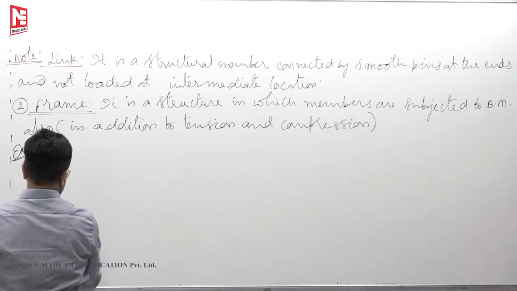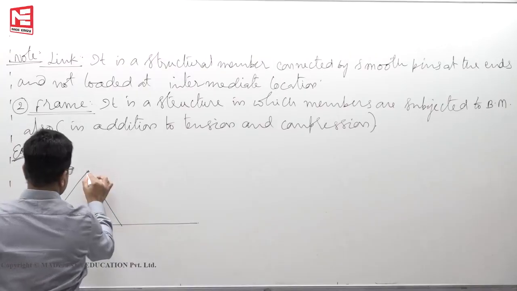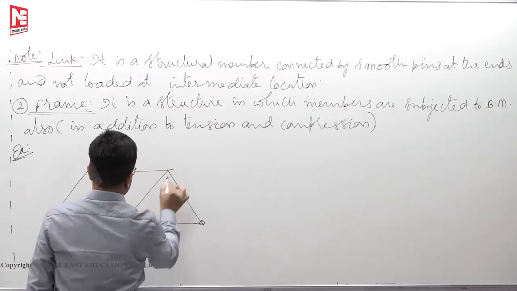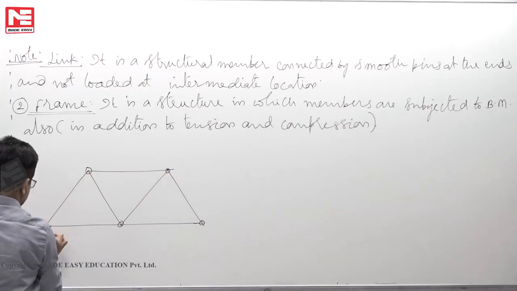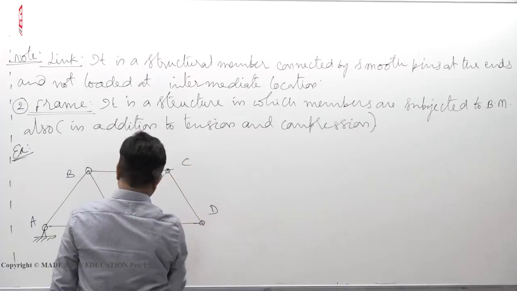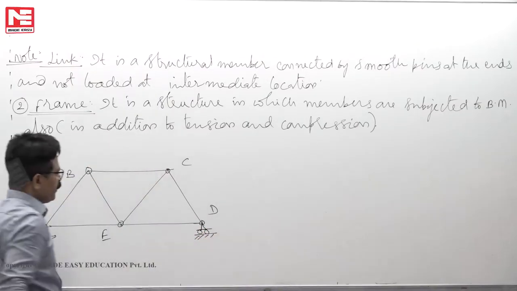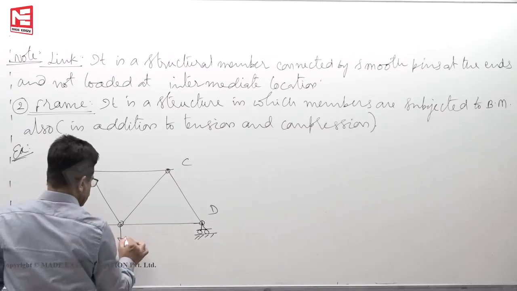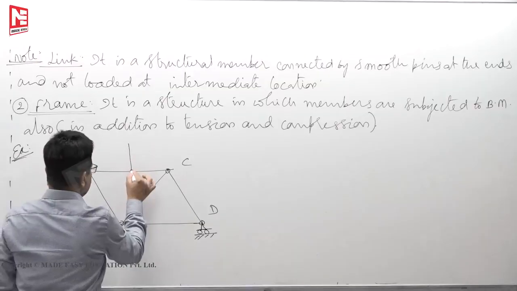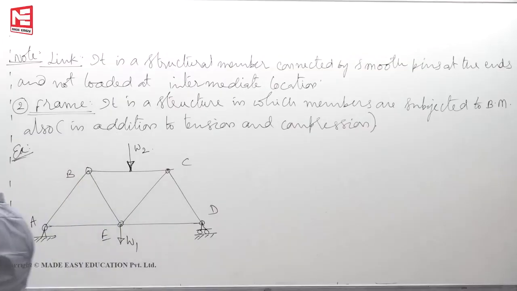Supposing that same member you take, same structure you take it, now you have applied one load here, let us say some W1, then the other load you are applying on the member itself directly, let us say like this, BC member.